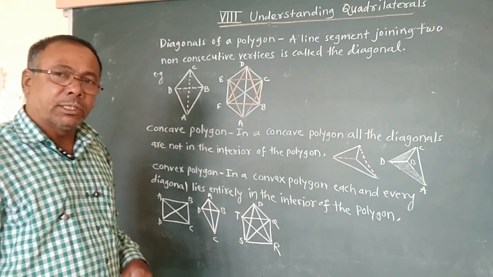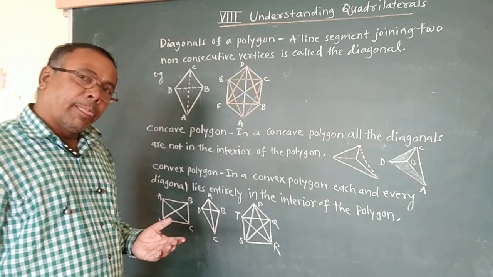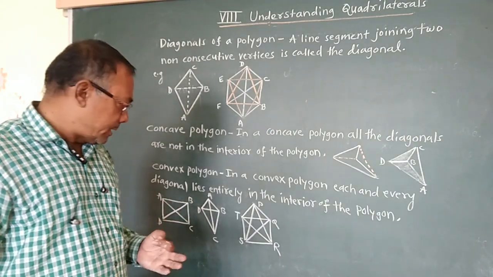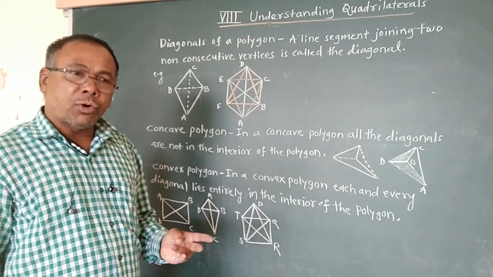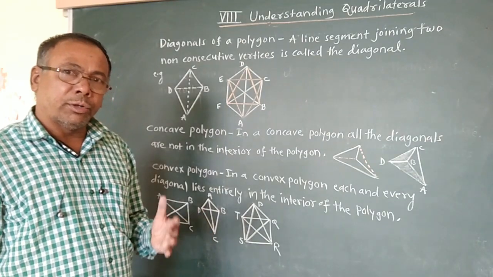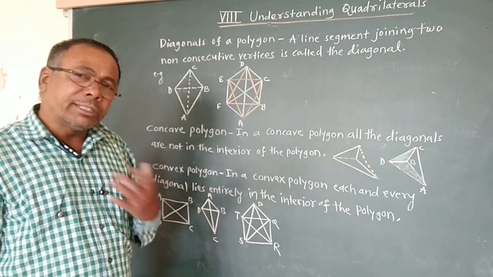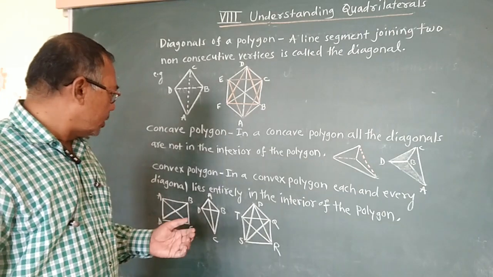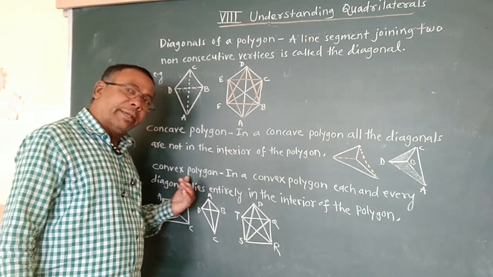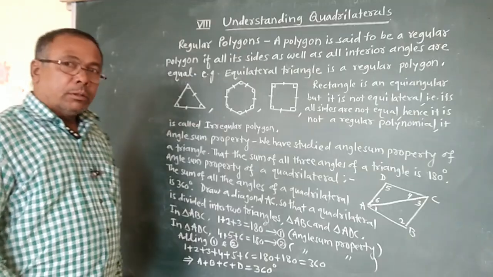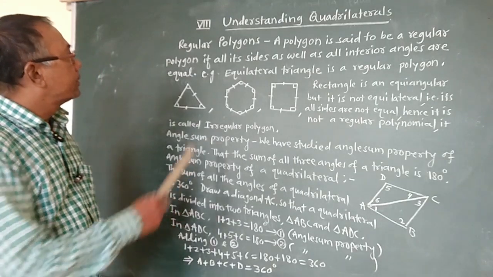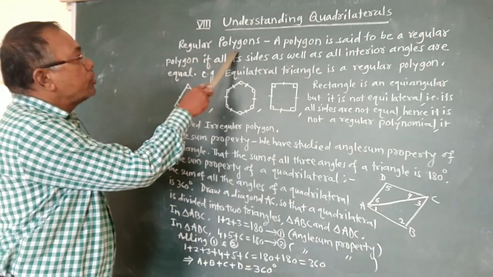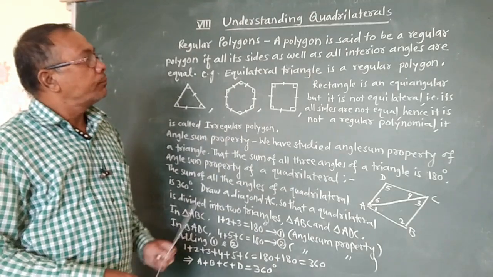Means if we consider rectangle, square, kite, hexagon, pentagon, nonagon, octagon, heptagon, etc., all these polygons are known as convex polygons. The next point is, what is meant by regular polygons?